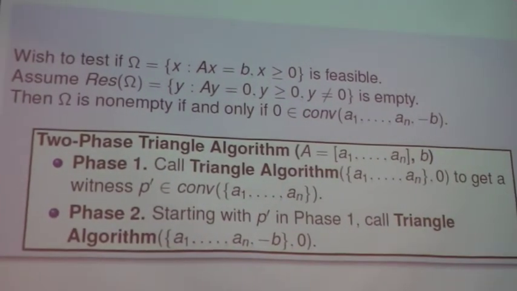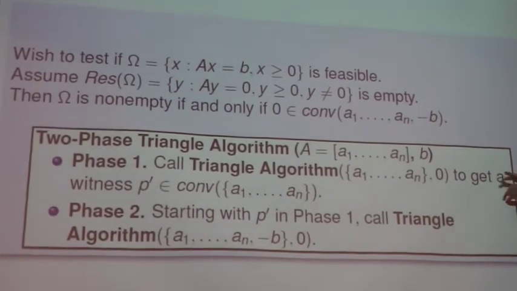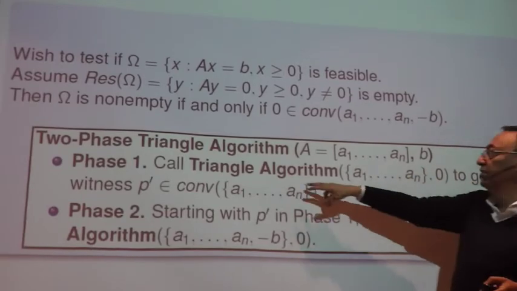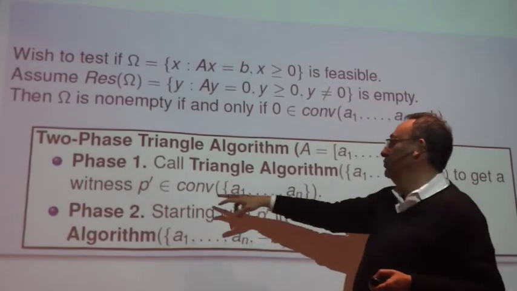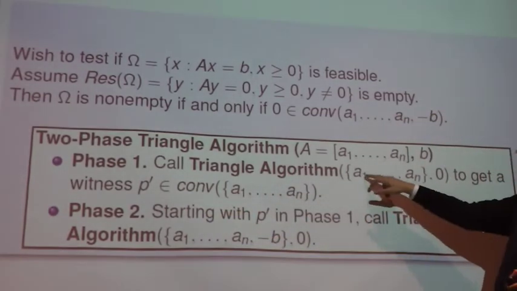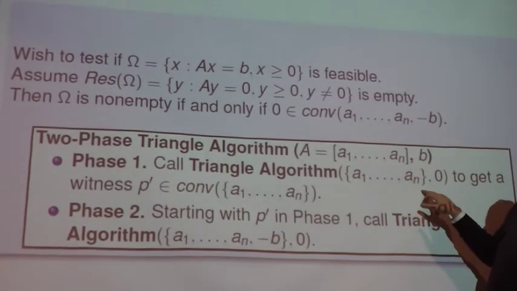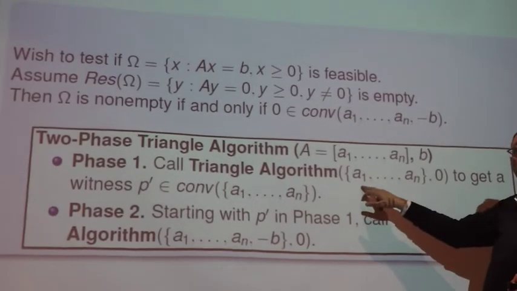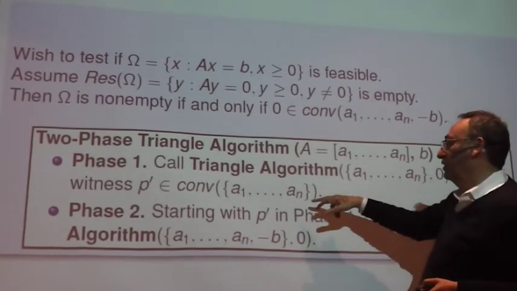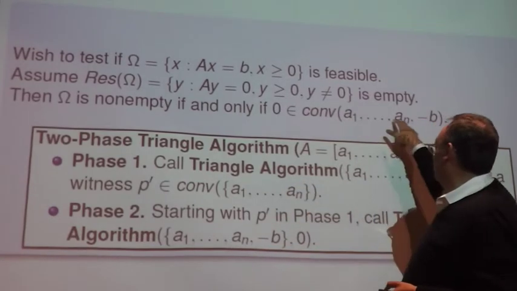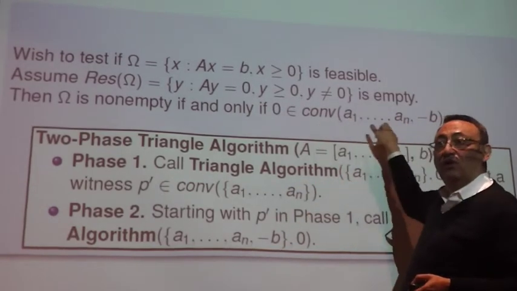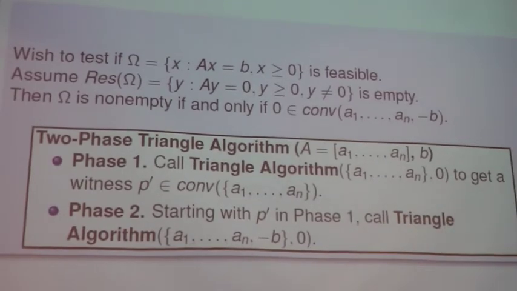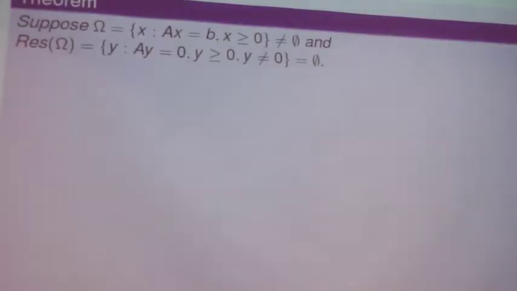So it's not really that much harder, even when you don't have summation of xi adding up to 1. And to solve this problem, I suggest what I call a two-phase triangle algorithm, where in the first phase, we try to find if 0 is in the convex hull of these. I know that it's not, but I do the algorithm until I come up with a witness with respect to this. Once I have that, then I use it to decide to what accuracy I can solve this convex hull problem. So I go to phase 2 of this algorithm.